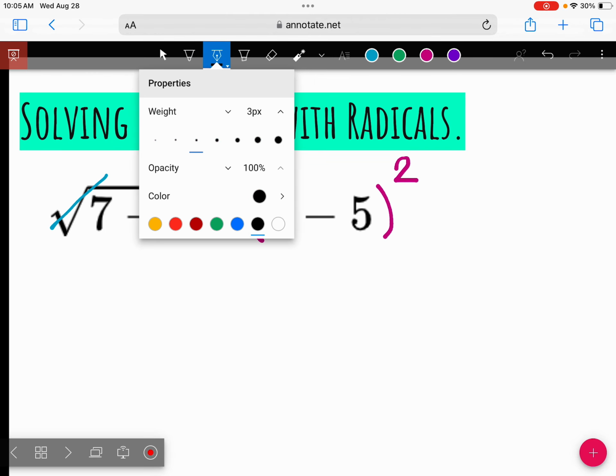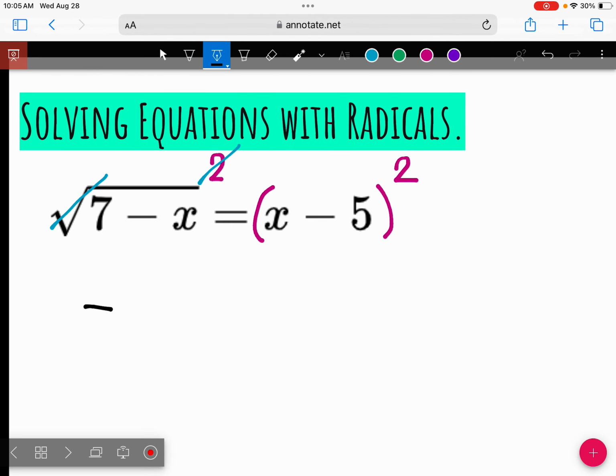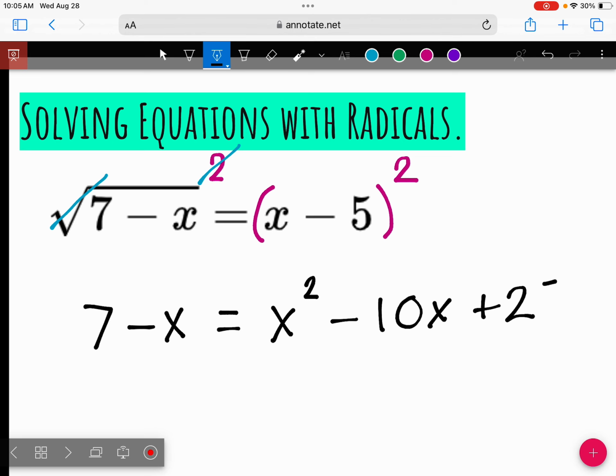So my left-hand side, my radical cancels out, and we're just left with our 7 minus x. What's my right-hand side going to be? X squared minus 10x plus 25.